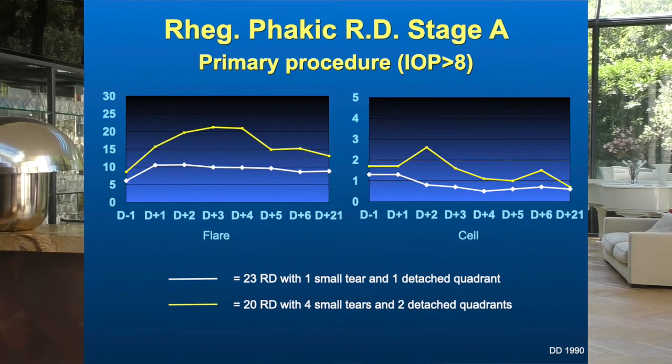We can then compare 23 cases with a single tear associated with a single detached quadrant versus 20 cases where small tears are associated with 2 detached quadrants. The flare and cell curves are different. The laser cell flare method, therefore, allows us to compare very precisely correlated curves with very specific clinical cases.